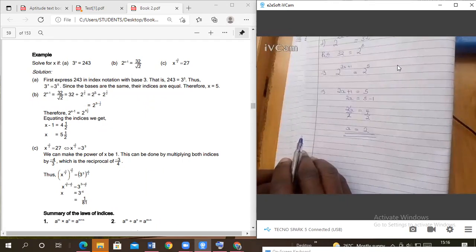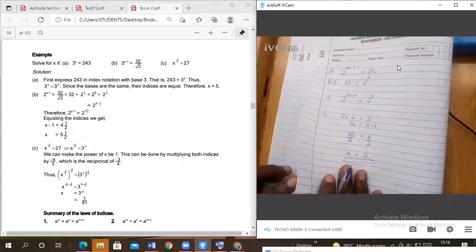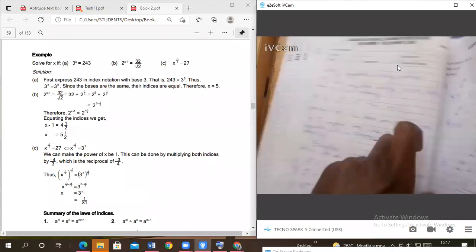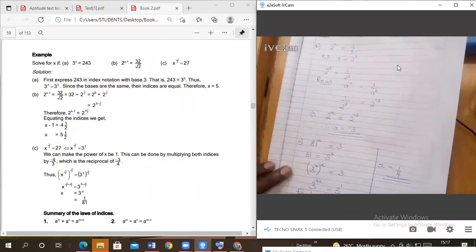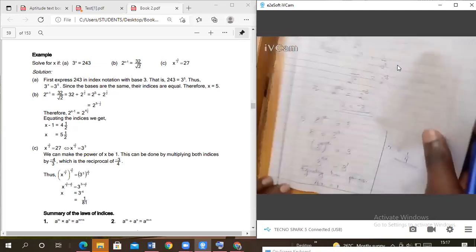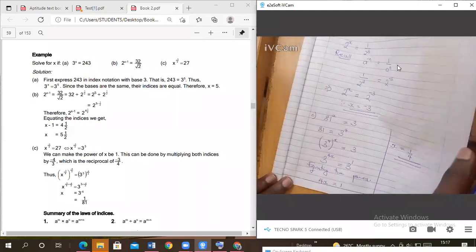Okay. So can we go back to part C? What was the problem in part C? On 3 power 4x equals 3 power 1.